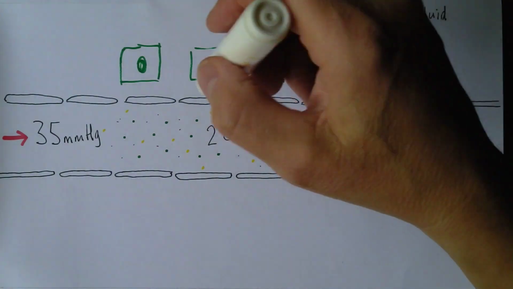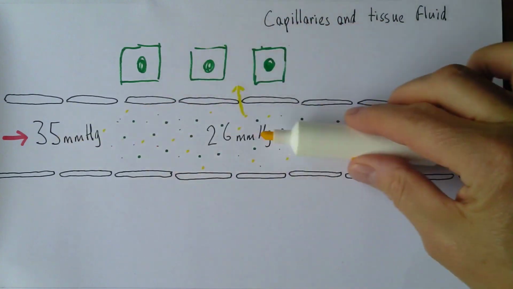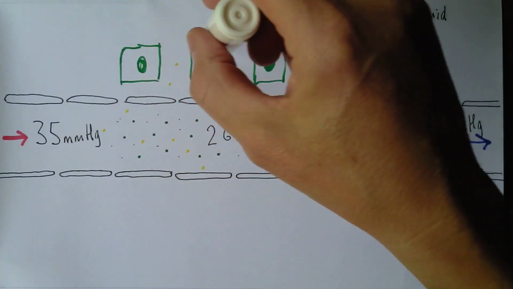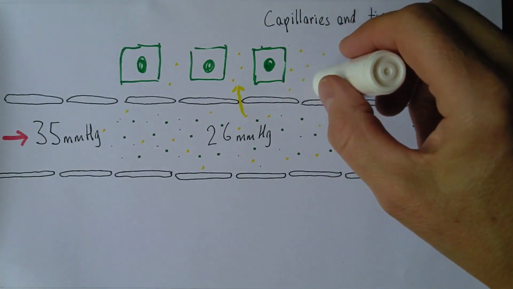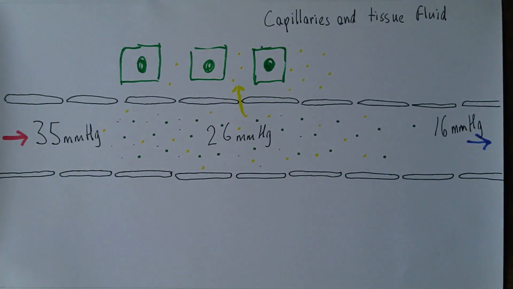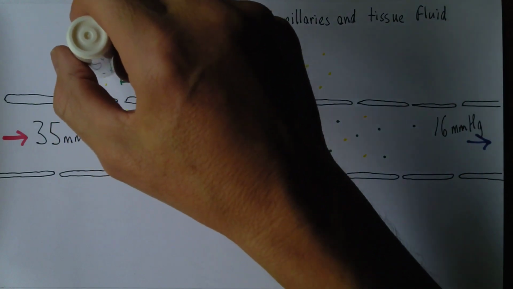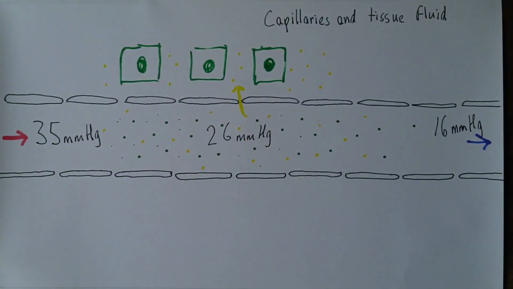So what it means is that the concentration of sodium in the plasma and the concentration of sodium in the tissue fluids is pretty well the same. So there's not a great osmotic difference between these two compartments of body fluid. The sodium's pretty well the same on both sides, as is the chloride, as is the potassium.